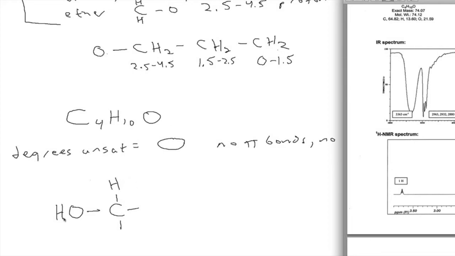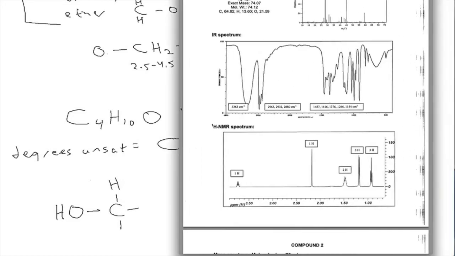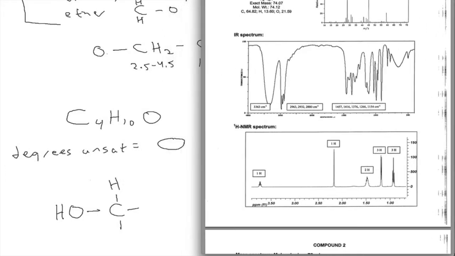Hydrogens on electronegative elements don't necessarily get pulled to the left. In fact, we can see from your table that the hydrogen on the oxygen is variable anywhere from 2 to 5. So it doesn't have to be pulled too far to the left. It's the hydrogen on the carbon that's connected to the oxygen that's going to be pulled fairly far to the left of 2.5. Does that answer your question? Yes, it does. All right. Thanks so much.